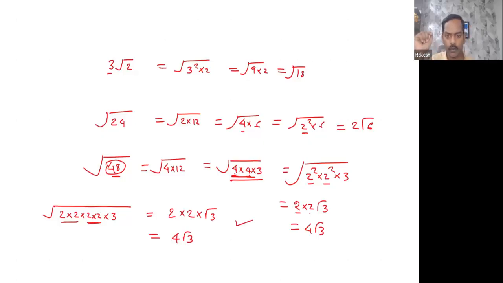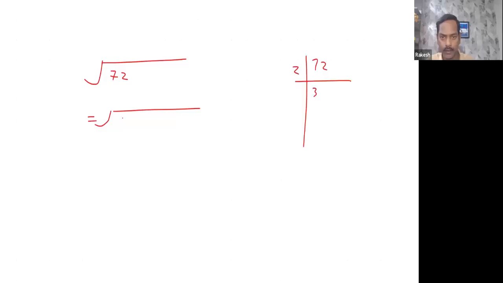So let us do one more example for prime factorization. If I want to get the square root of 72, what should I be doing? I should prime factorize 72. So what is the prime factorization of 72? 72 divided by 2 is 36, then by 2 it would be 18, then by 2 it would be 9, correct? Then 3 times, then 3 it would be 1.